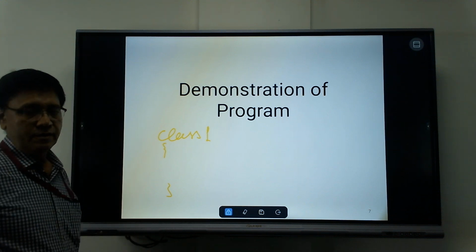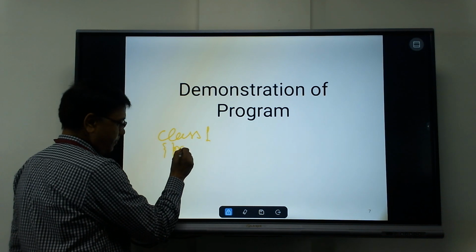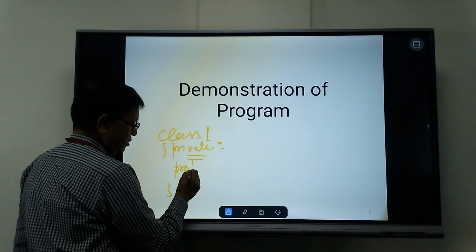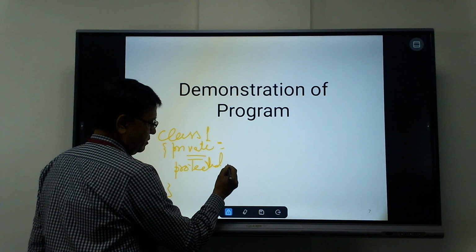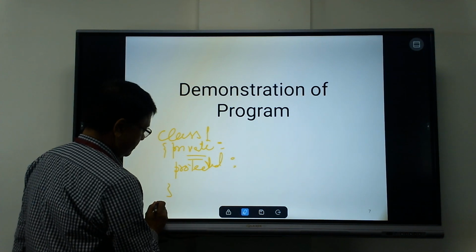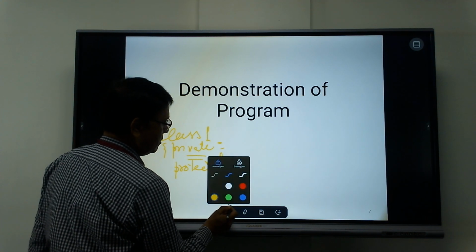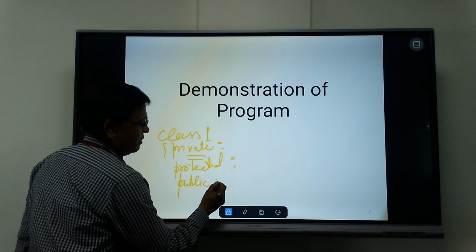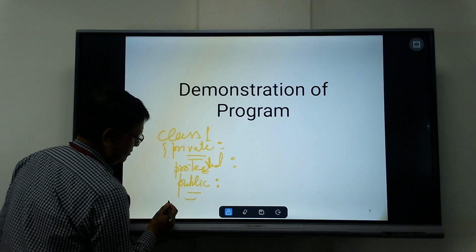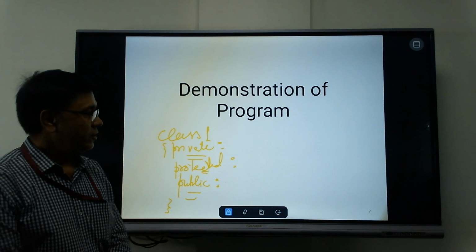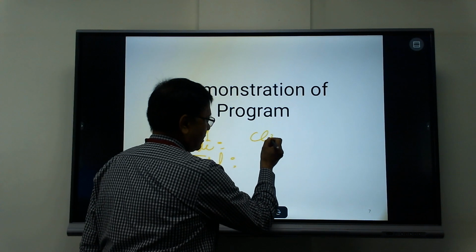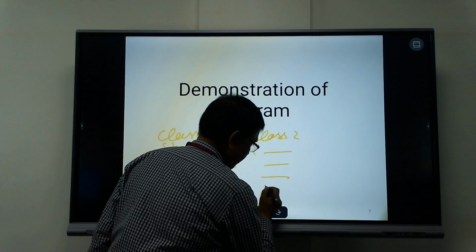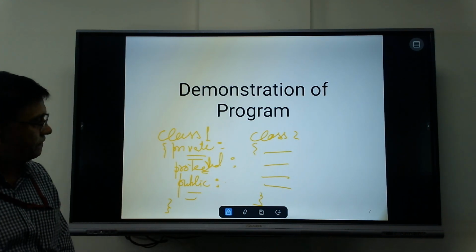It has a private section, protected section, and public section. This is class 1. Another is class 2, which again has all the 3 sections. Is that clear?